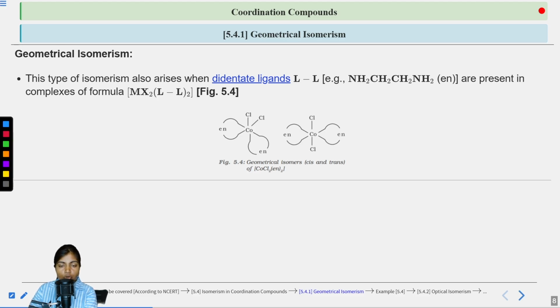Similarly, when the two chlorines are placed opposite to each other, and in the similar way the two en didentate ligand molecules are placed opposite to each other, then you obtain the trans form. So this type of complex MX2(LL)2, where LL is a didentate ligand, can also show geometrical isomerism in the cis and trans form.